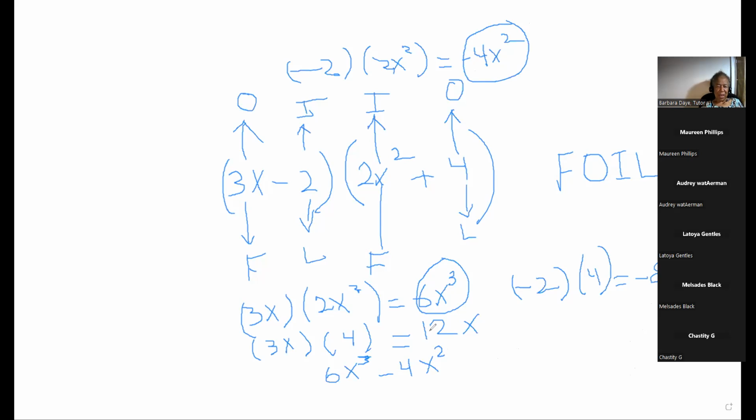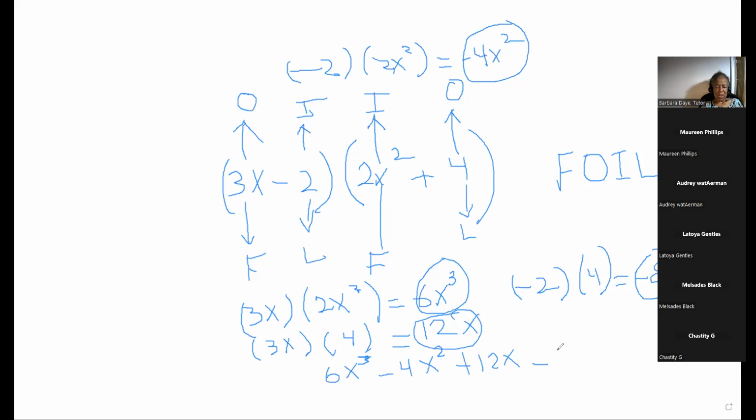Plus 12x. There we go. And the last one, Audrey, is what? Minus 8. Okay, there we go. The minus 8, the constant, is the last one.